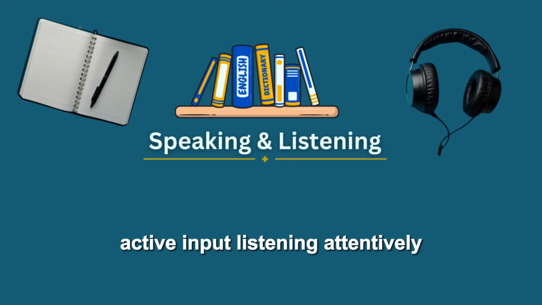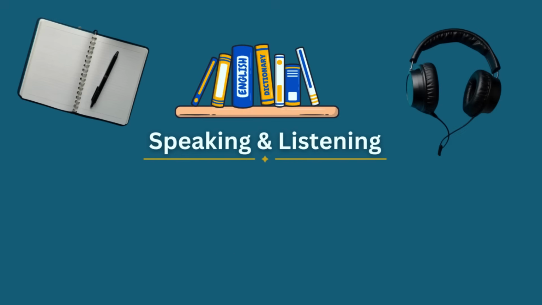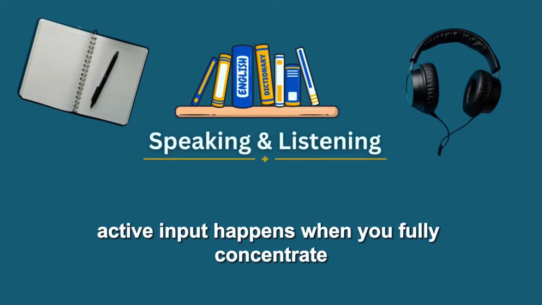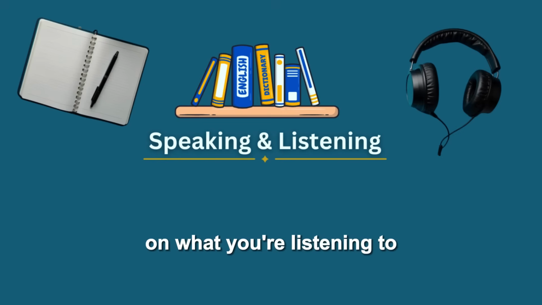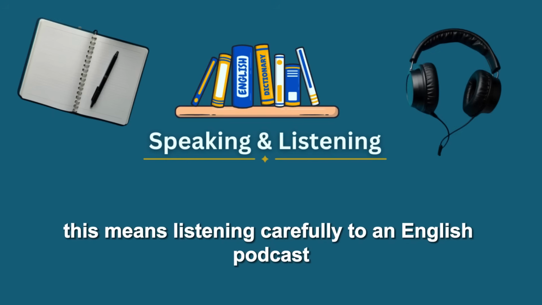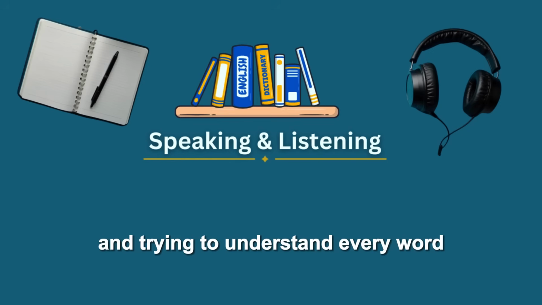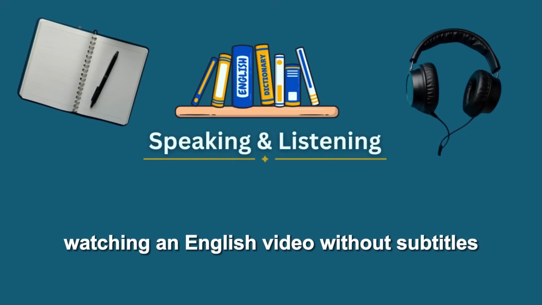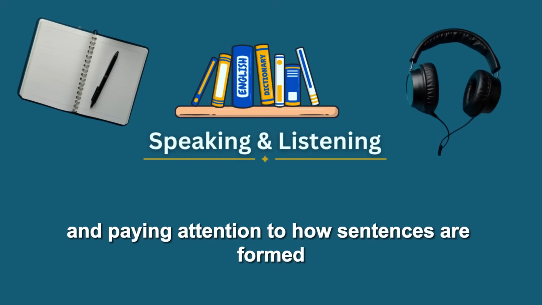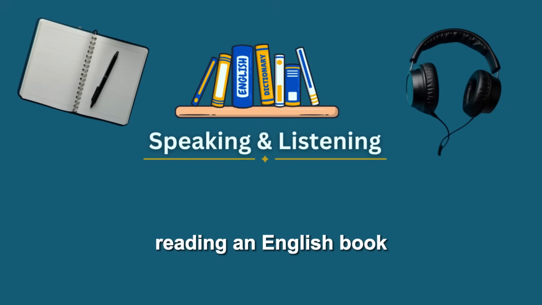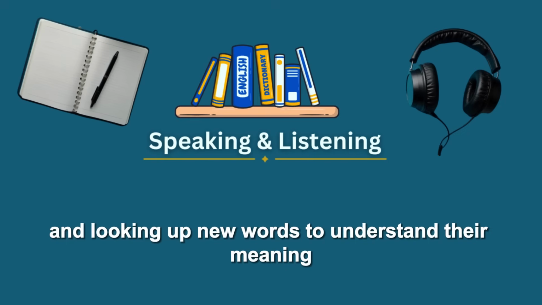2. Active input. Listening attentively, reading with focus. Active input happens when you fully concentrate on what you're listening to or reading. This means listening carefully to an English podcast and trying to understand every word, watching an English video without subtitles, and paying attention to how sentences are formed, reading an English book and looking up new words to understand their meaning.